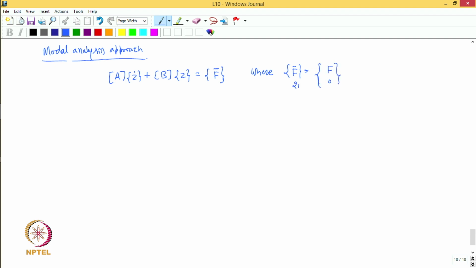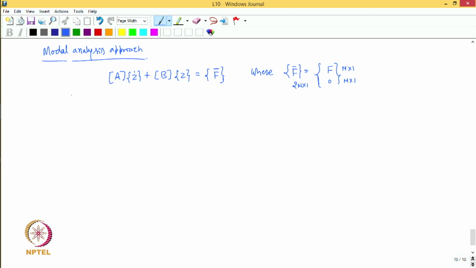So, this is of order 2n by 1, but this f vector is of order n by 1, and this 0 vector is of order n by 1, like this, right.